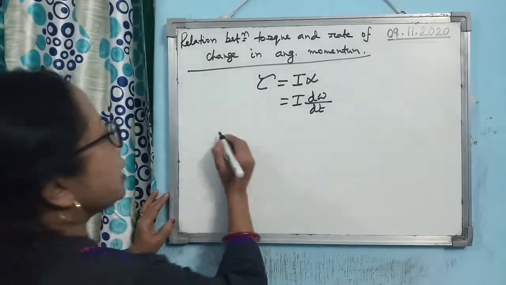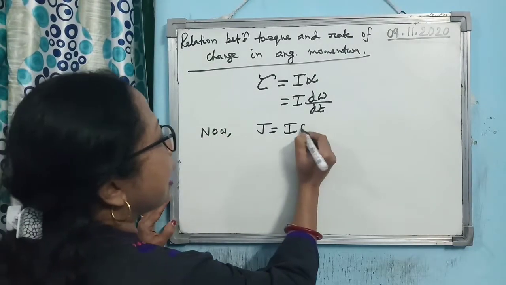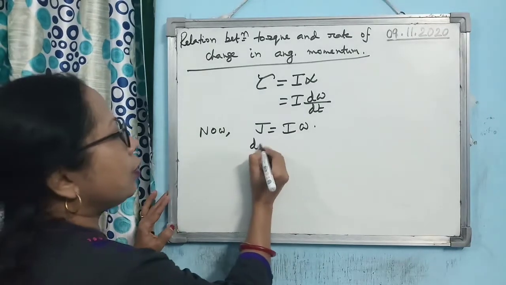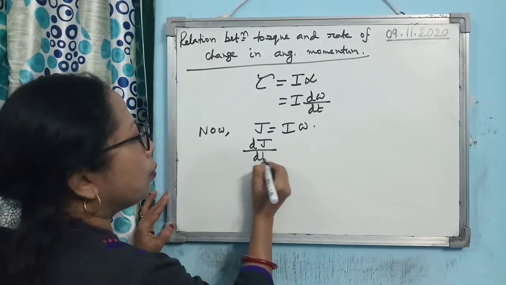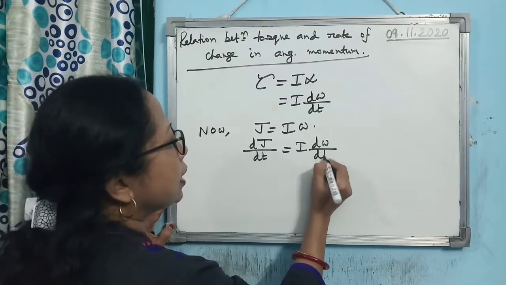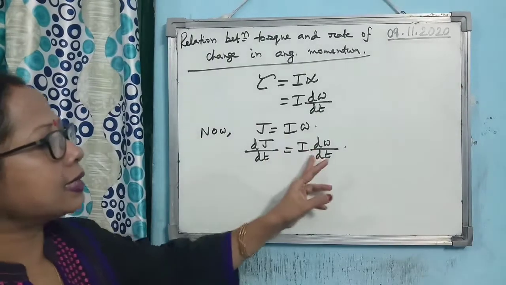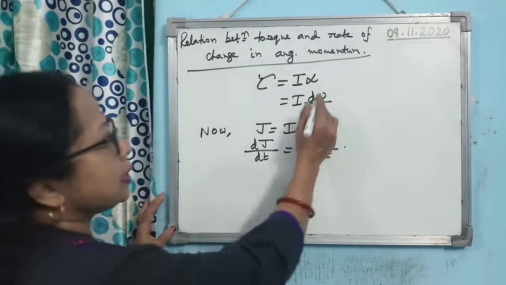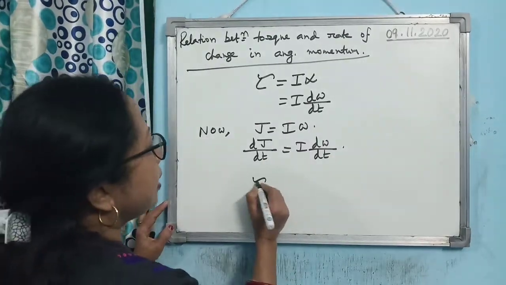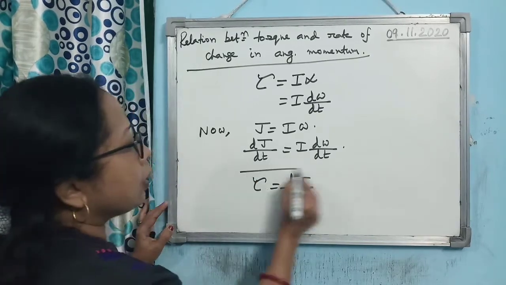Is that clear? Now we have got this relation that J is I omega. If you take the derivative of both sides, you get dJ dt is I into d omega dt. So if you substitute here, what are you getting? Torque is equal to rate of change of angular momentum.